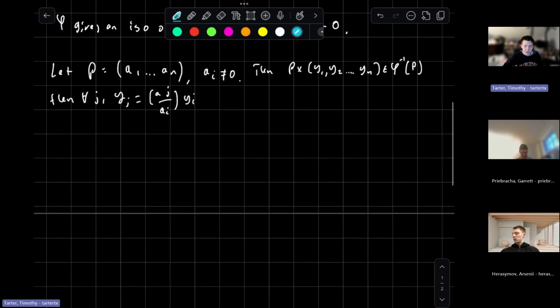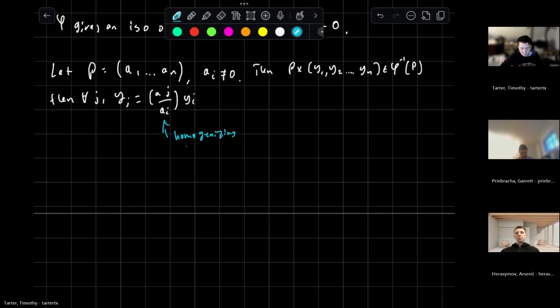This is kind of our homogenizing factor, which makes the yj coordinates homogeneous.